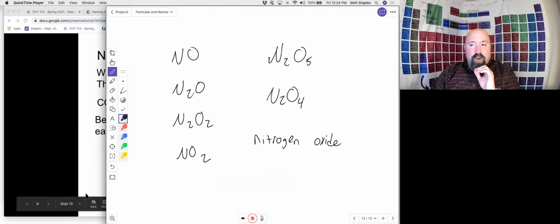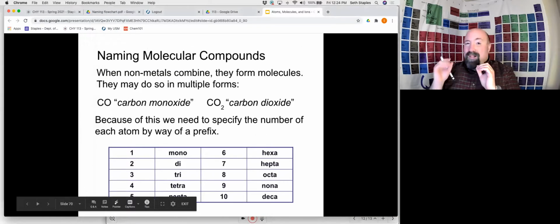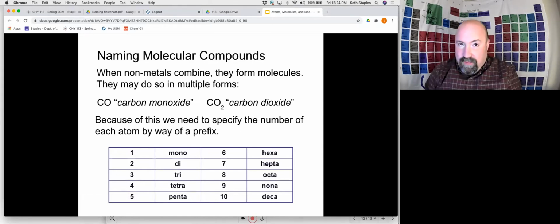And so now what we're going to do for molecular compounds, for covalent compounds only, we are going to use this set of prefixes to specify how many of each atom we have.